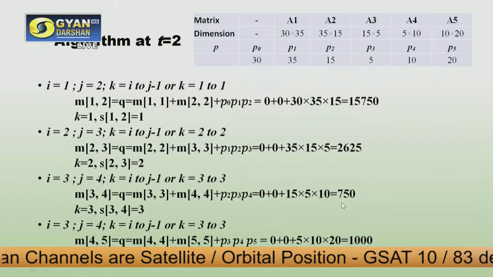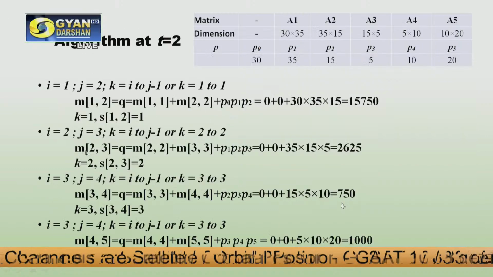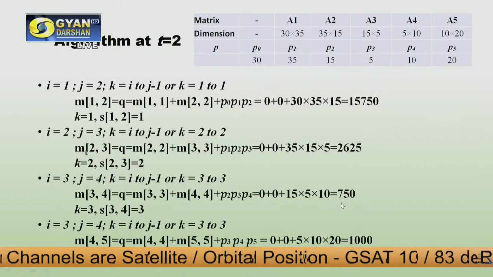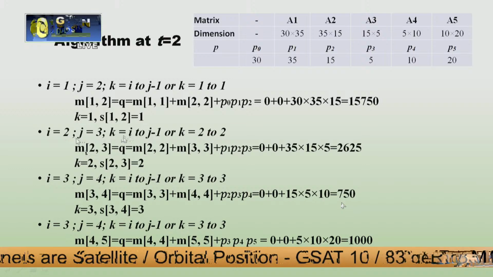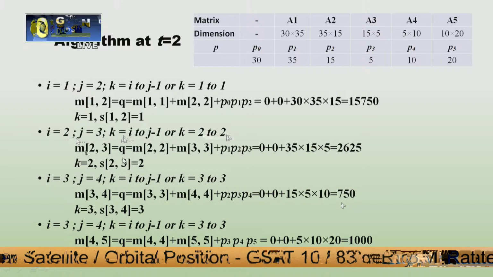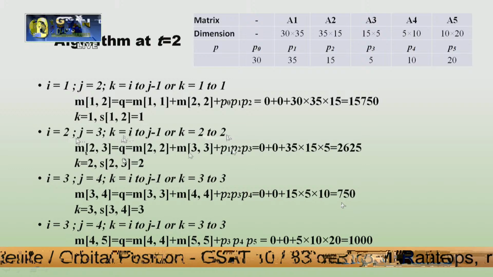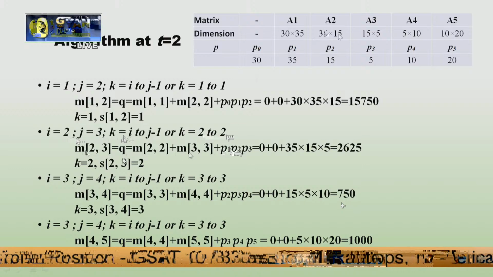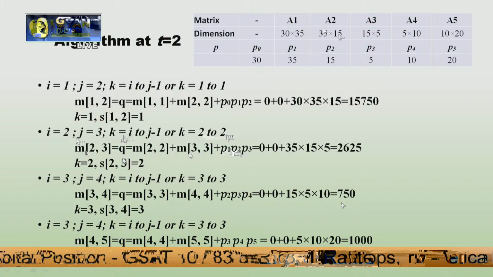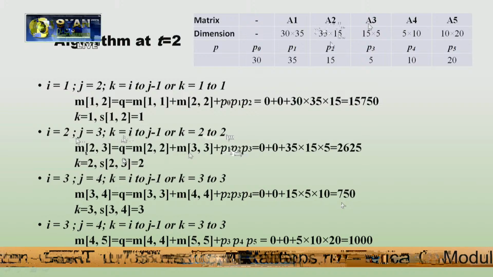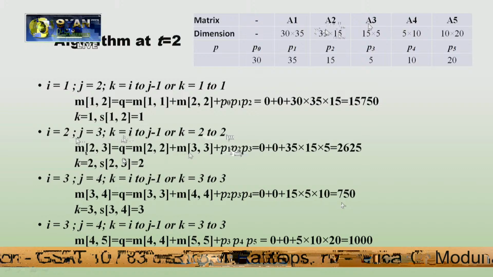Okay, now let's look into the second computation for 2 to 3. I equals to 2 and j equals to 3. Similarly, what you will observe, k goes from 2 to 2 only. The same results are over here. Now you would be doing the multiplication of A2, A3. So when you multiply A2, A3, what would be the size?